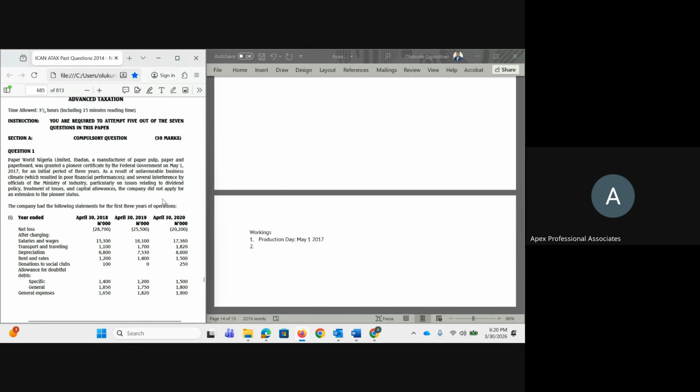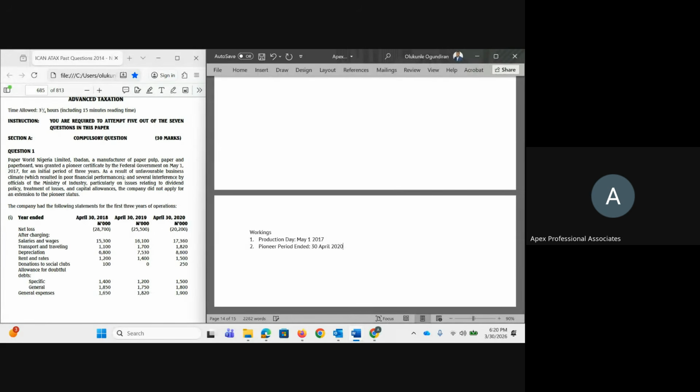So the examiner told me that the company did not apply for an extension of the pioneer status, meaning how many years now? 3 years. So it means the pioneer period ended 30th of April, 2020, right?